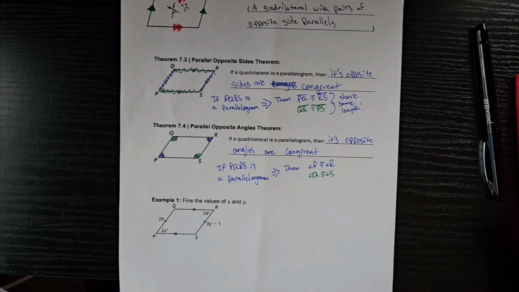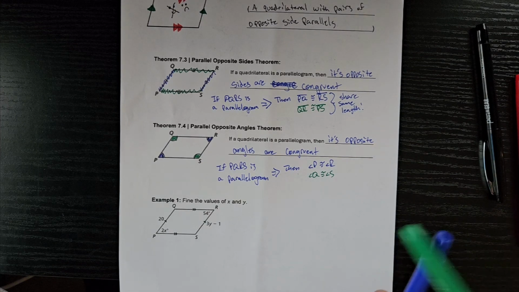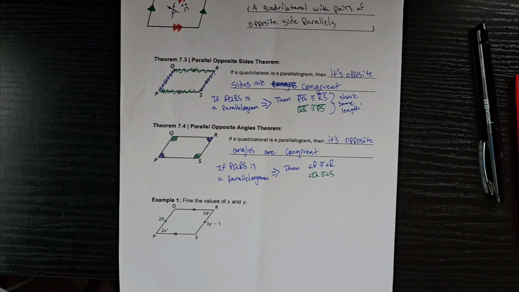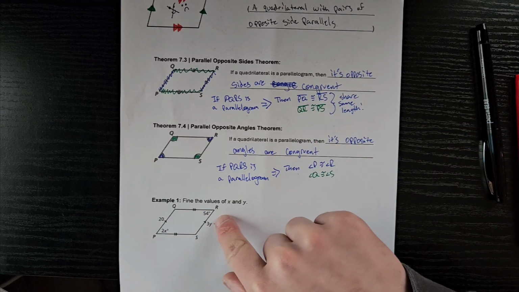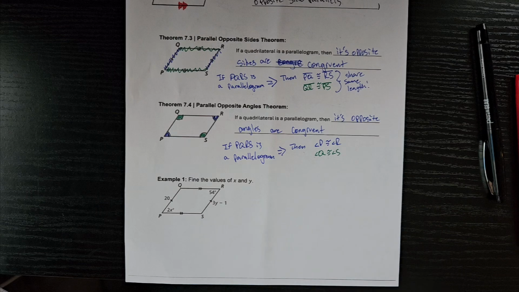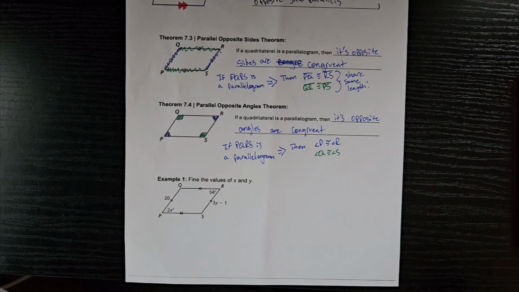We kind of dealt with similar properties beforehand in Unit 3, and we'll touch back on that in a minute or two, but knowing these two theorems can help us solve problems like this, where we have to find the value of x and y, and we're given random values everywhere on the board. But fear not, we can find x and y very easily.